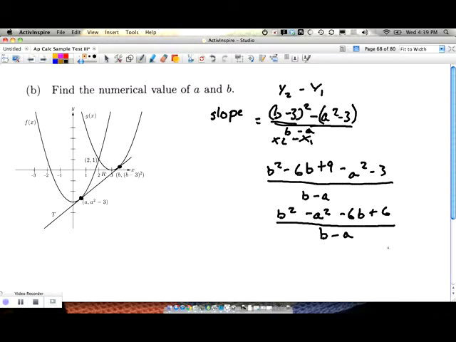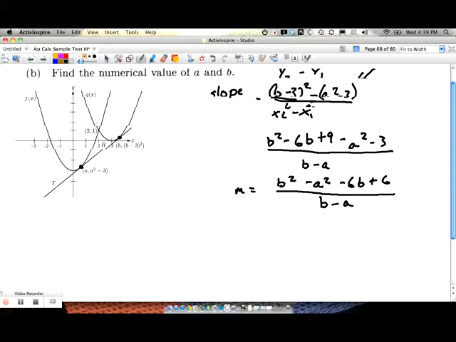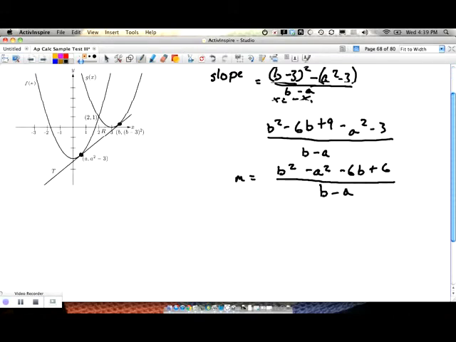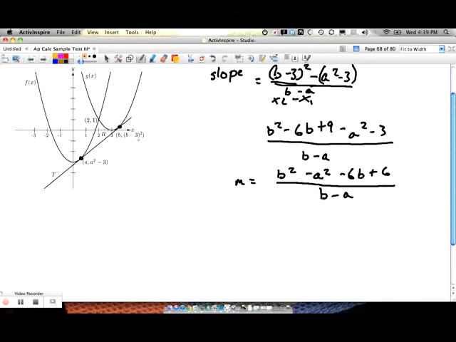You might be saying, wow, it looks like you can factor that out. Well, it would have just factored out to this stuff up here. That's probably what we would be doing. So the slope m equals this. We have to know that a and b are not equal to each other, but they have a relationship. From the first one, we know that a equals b minus 3.